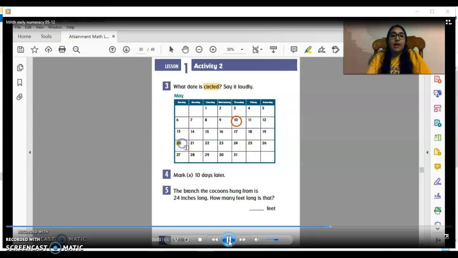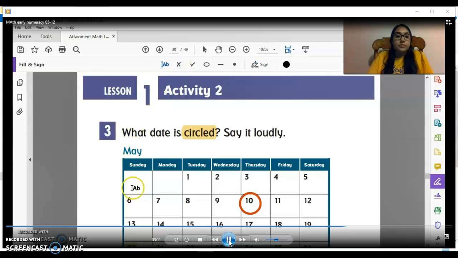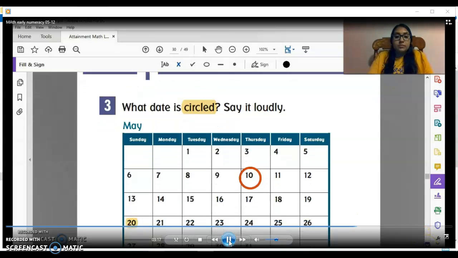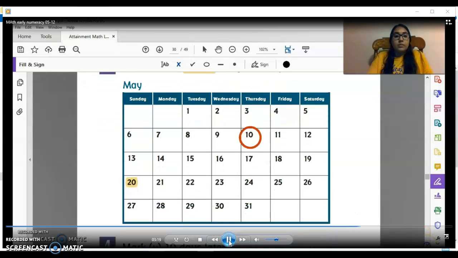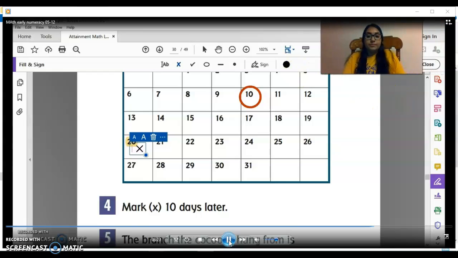Let's mark your calendar 10 days later, and we need an X. Mark an X like this one. Good job.